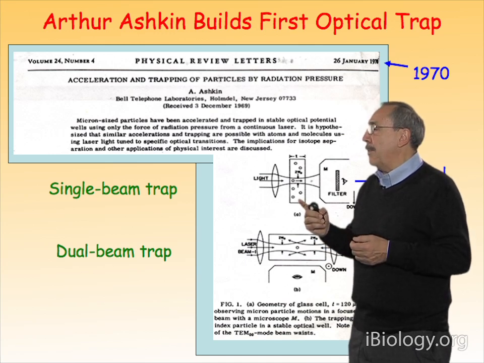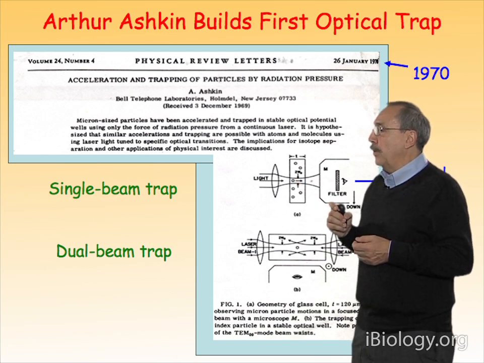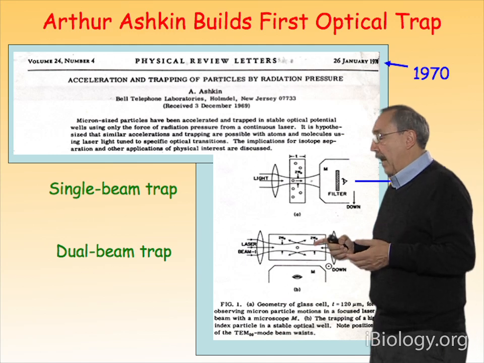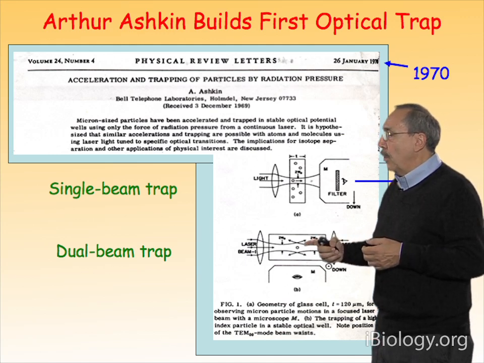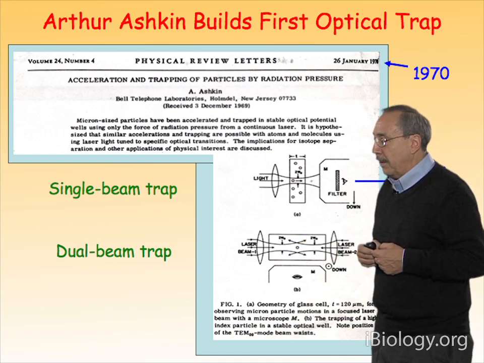But for a single trap, they found that those beads tended to be pushed along the direction of propagation of the light, as indicated here. And so they developed the dual beam trap in order to have another force of the light propagating in the opposite direction, in order to obtain a stable spot for trapping the bead in the center between the two beams.